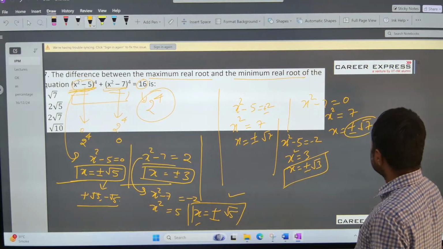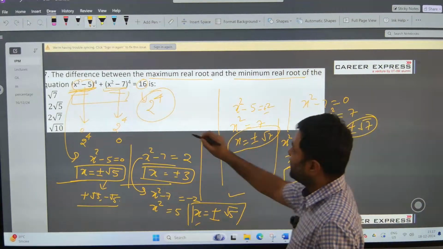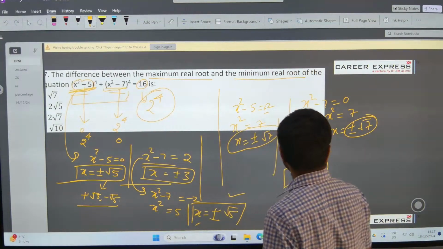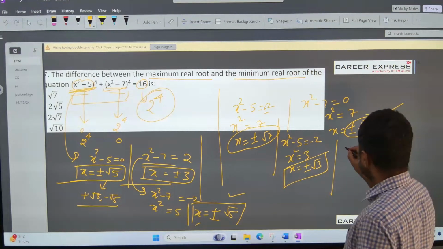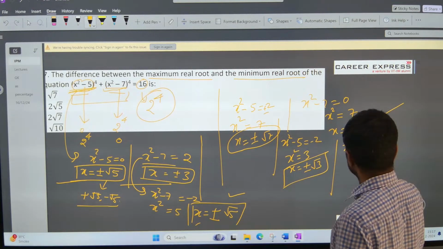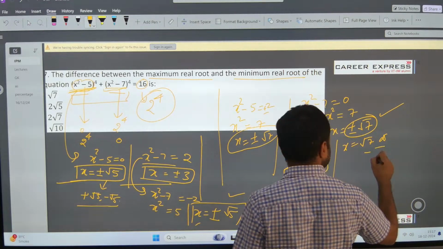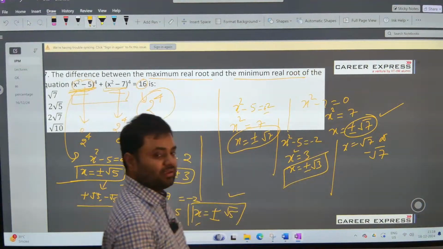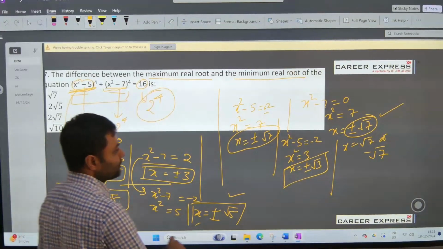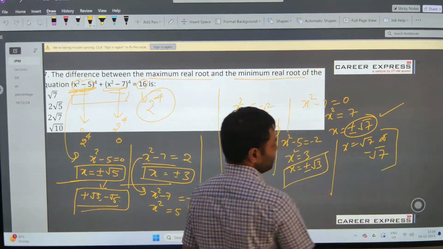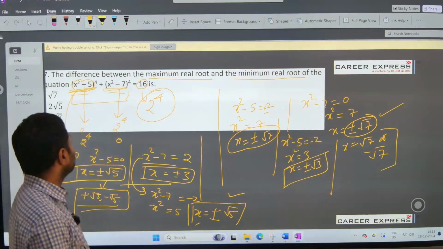So x equal to plus minus root 7 satisfies both the brackets. Hence, we will go with this, that this is the root. So there are two roots again, x is root 7 or minus root 7. So what we have is four roots: root 5, minus root 5, root 7, minus root 7. So these are the four roots.